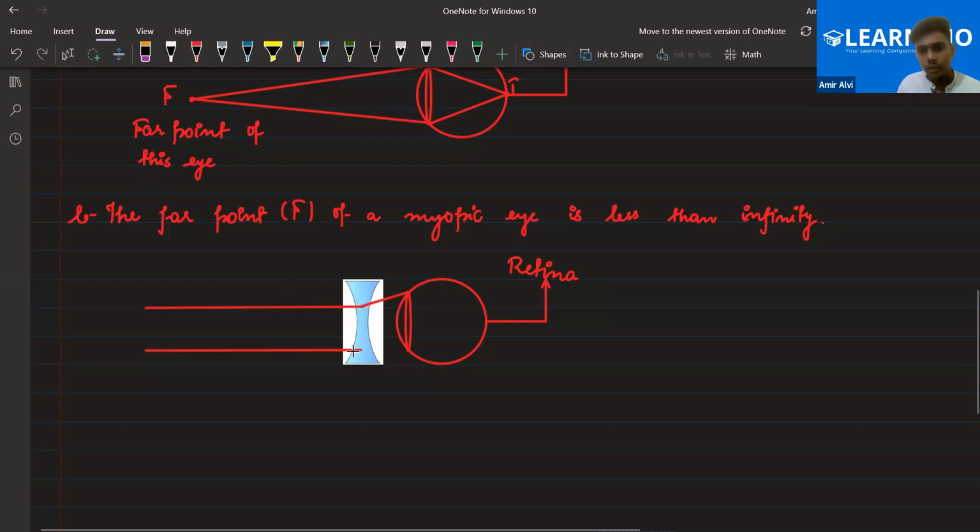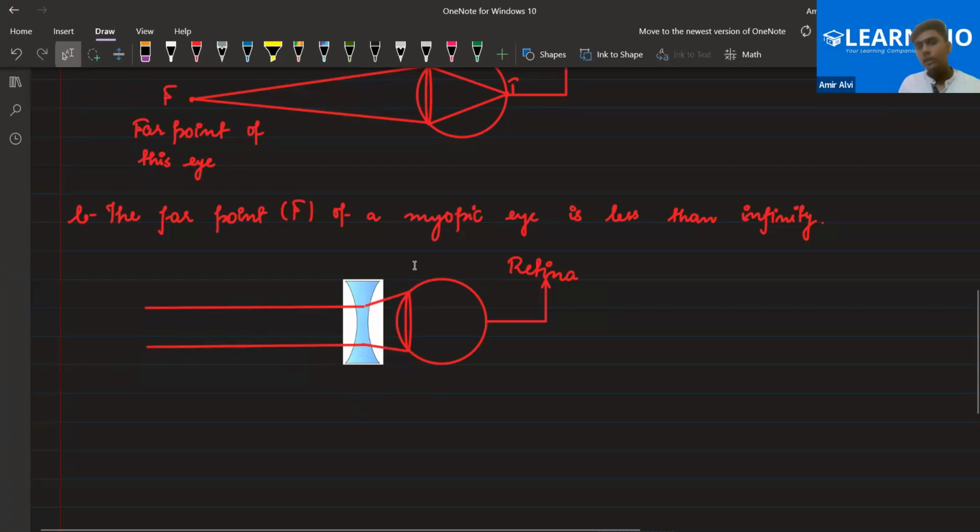So the light ray will basically diverge like this. So as you can see, Shazil, the light rays are diverged.